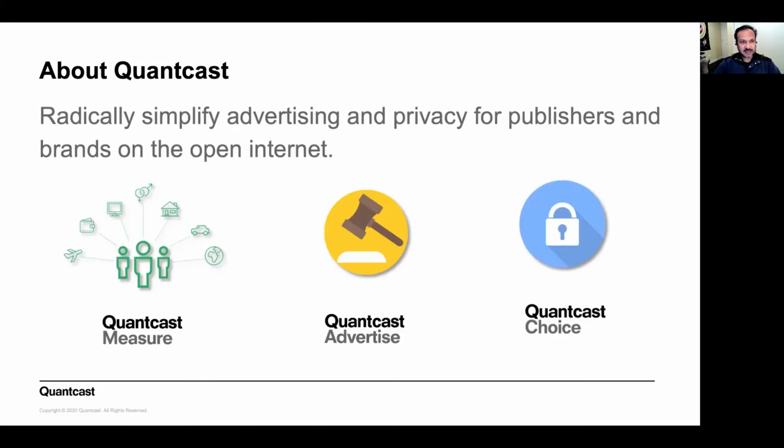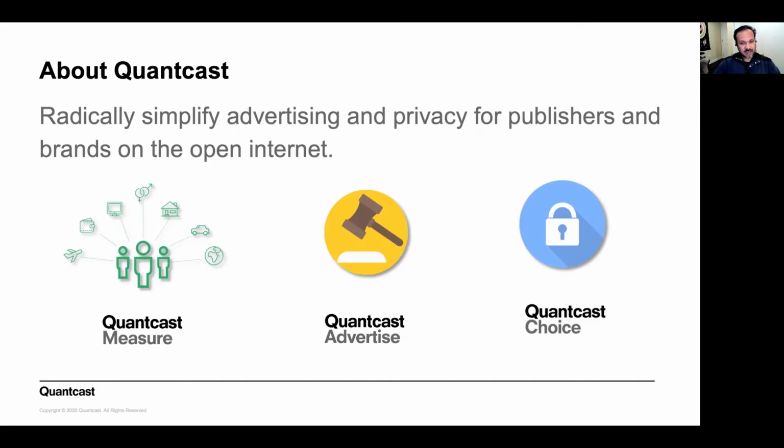To set the context, a little bit about Quantcast. Quantcast is an ad tech company that started in 2006. We started with Quantcast Measure, which was used by publishers to gather analytics data about visitors to their site.